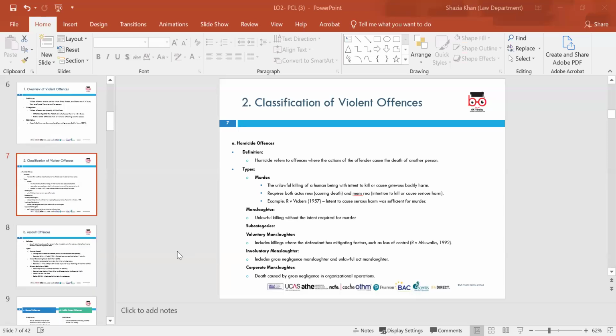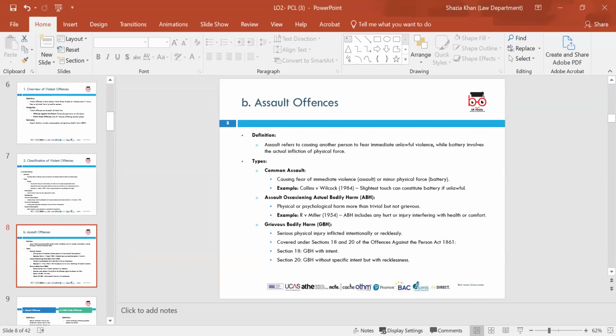Then we've got the assault offences. Assault covers a range of different actions, from using threatening words to a severe physical attack that leaves the victim permanently disabled.